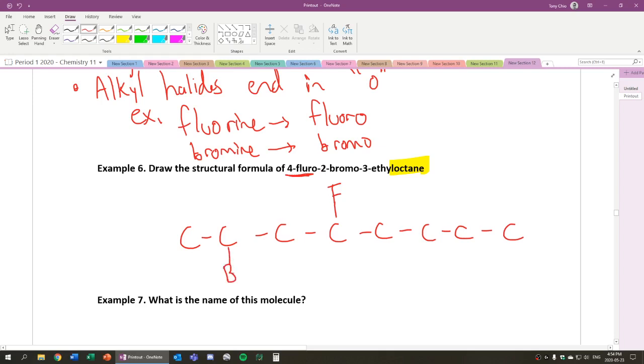On the 3rd one, I have an ethyl group. So it's CH2, CH3. So what I have left is the rest of them are just hydrogen. So CH3, CH, CH, CH, CH2, H2, H2, and H3.